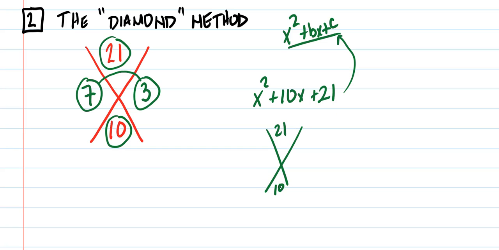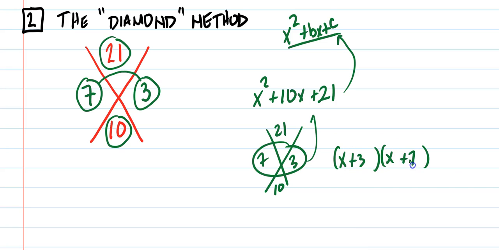And then I would ask myself, okay, what 2 numbers multiply to 21 and add to 10? And I would get 7 and I would get 3. And then from there, I would recognize that these are my 2 binomials, my product of 2 binomials. So x plus 3 and then x plus 7. So the way that we factor this into a product of 2 binomials is through what I call the diamond method.